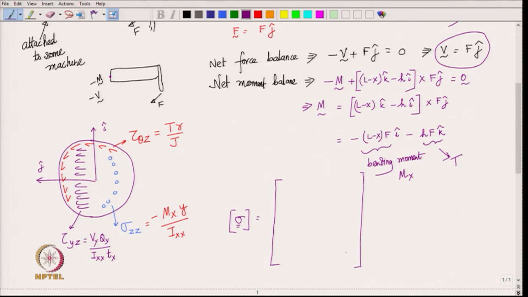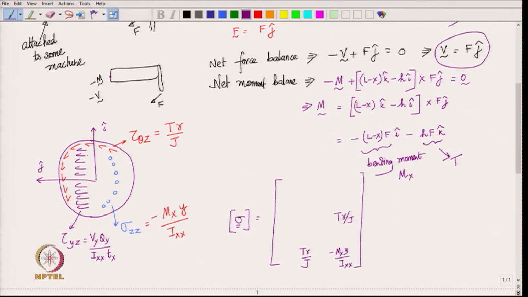So, we have sigma z z, which is minus M x y over I x x, then we have tau theta z, that is T r over J, and then we have tau y z. Now, tau y z is acting in the y direction. So, we will have to resolve it along theta and the radial direction, is not it.